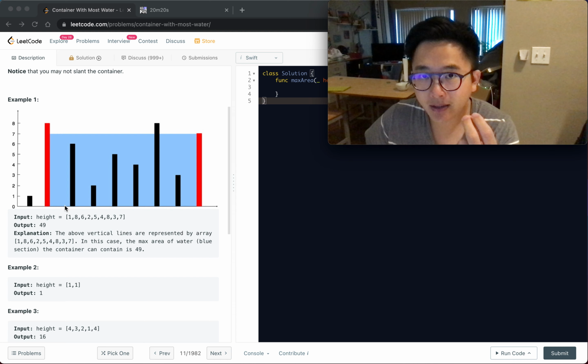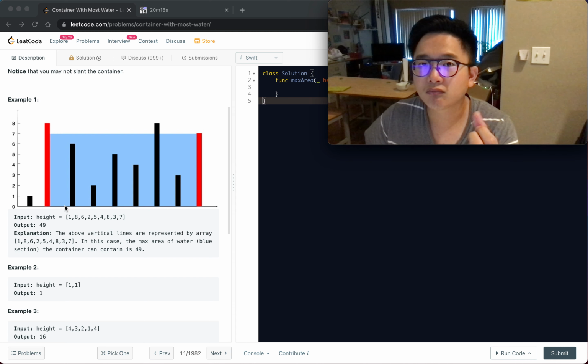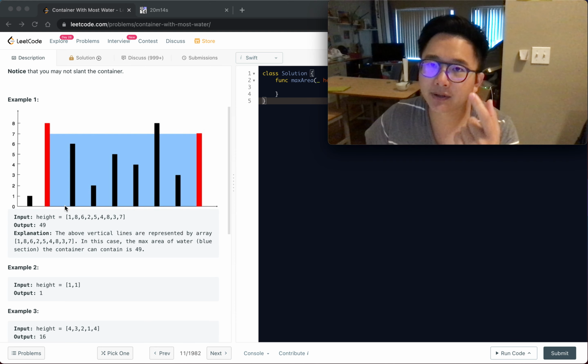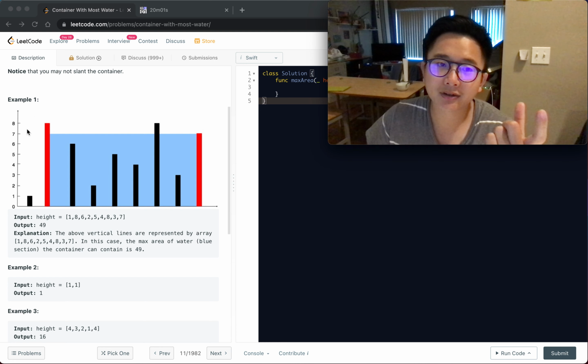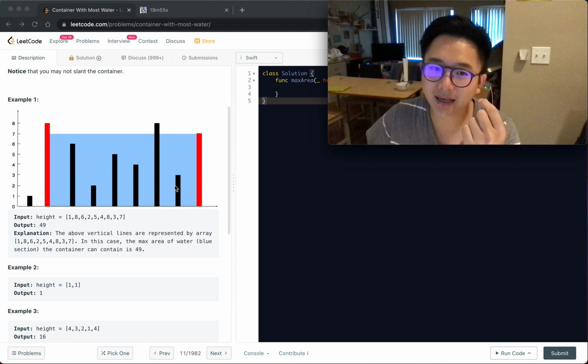So the bottom of the container is becoming shorter and shorter. So what we need to do is maximize the possibility that we will get a longer stick. If the stick is shorter, obviously we want to get a longer one.